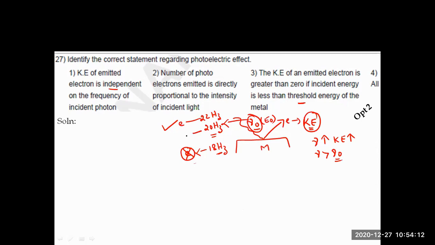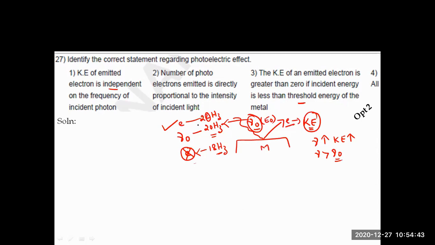This 20 hertz is called threshold frequency. If 22 hertz radiation is incident on the metal surface, 2 hertz is extra. The 2 hertz extra energy will be transferred to the electron, and the electron moves with a certain amount of kinetic energy.